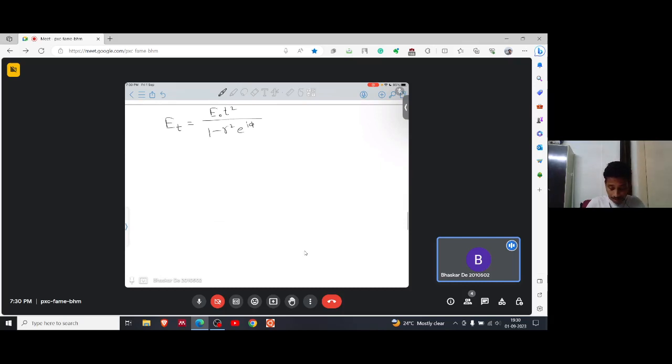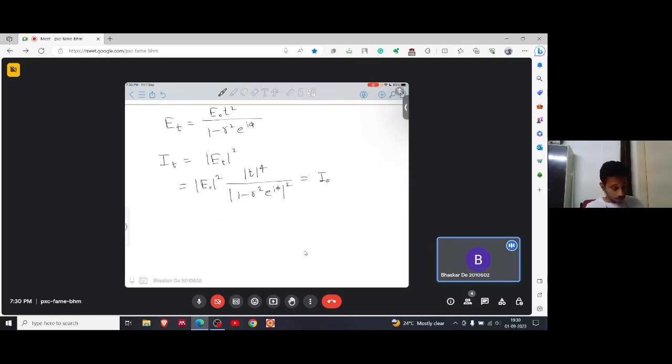Now the transmitted intensity is expressed as It equal to modulus of Et square, where modulus of Et is Et. So it will be E naught square t to the power 4 by modulus of 1 minus r square e to the power I phi square.